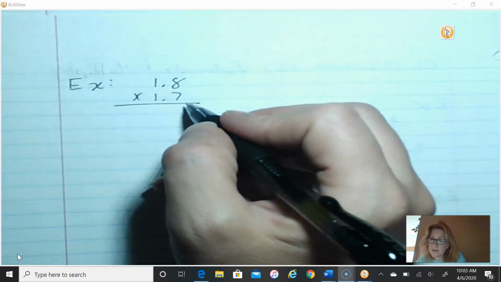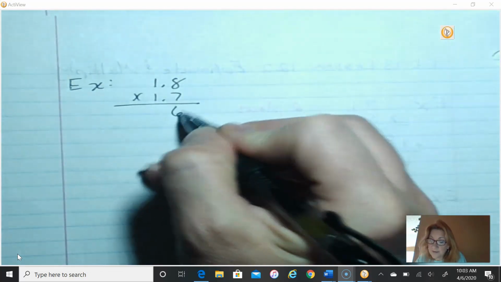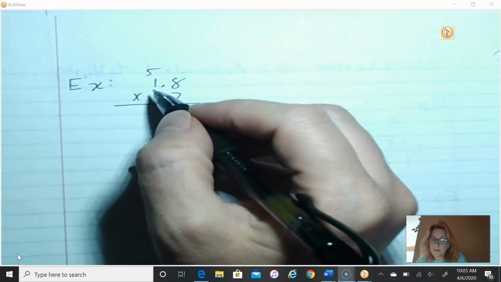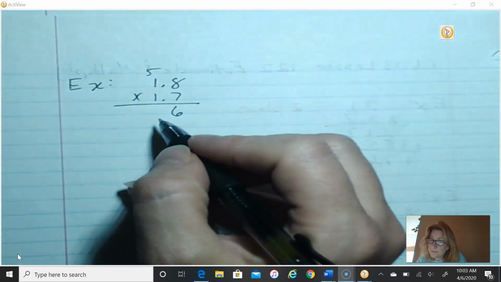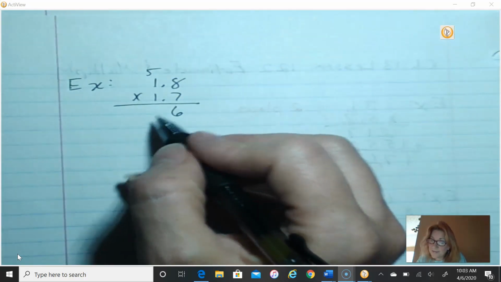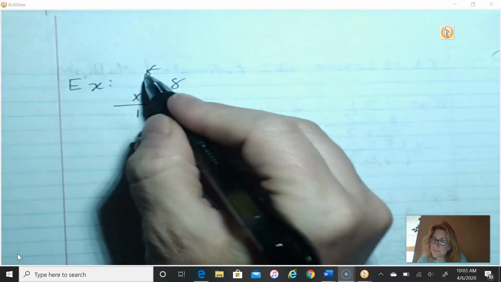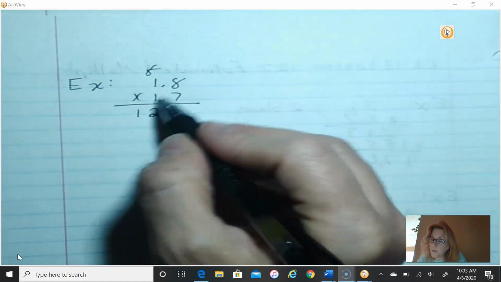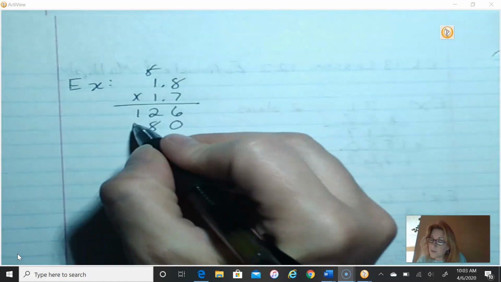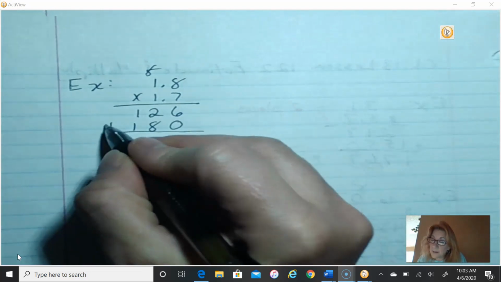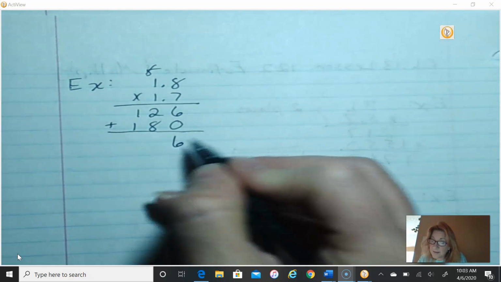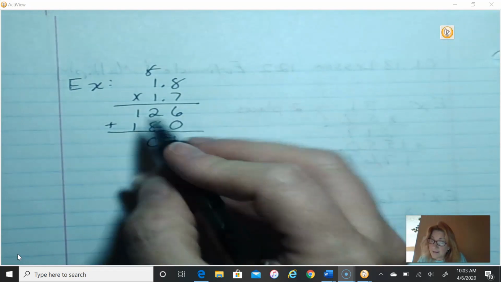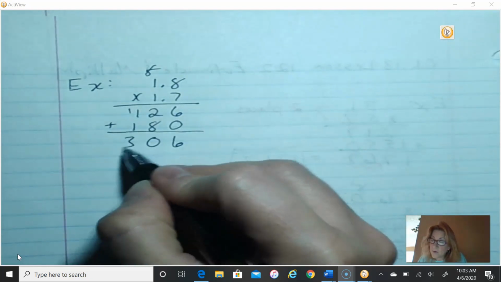All right, 8 times 7 is 56. 7 times 1 is 7, plus 5. What is that? That's right, 12. Placeholder 0. 1 times 8 is 8. 1 times 1 is 1. We add, and we get 6, and 10, and 3.